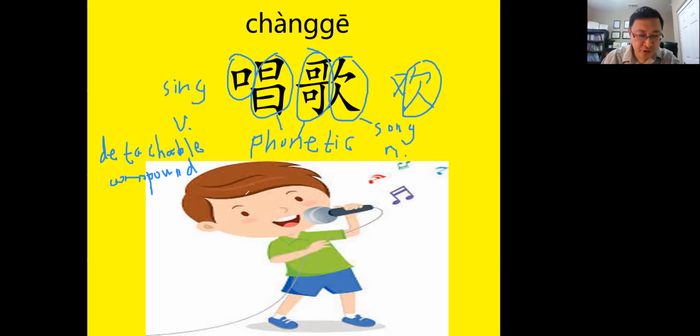As the name suggests, you can separate these two characters, and you can put something in between to extend it to a phrase. For example, if you want to say, I like singing Chinese songs, you put the word Chinese between these two words.